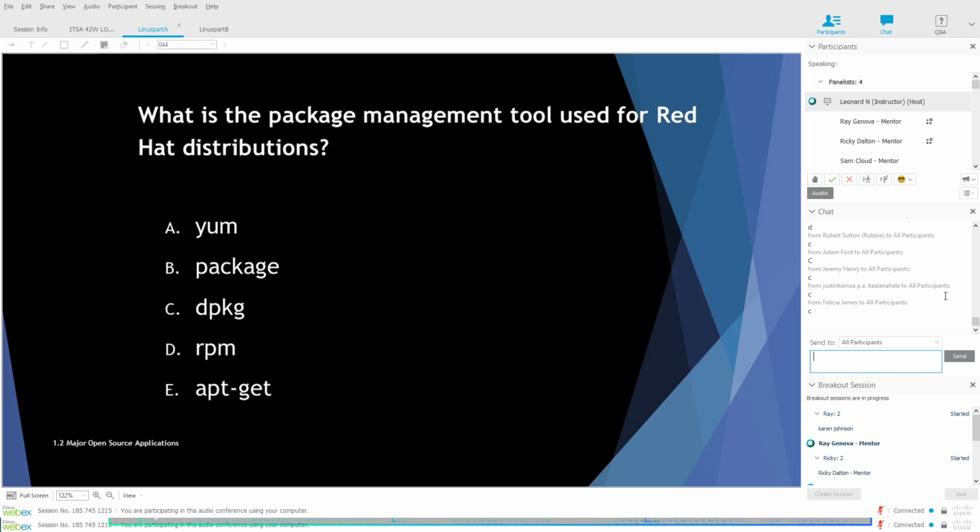So Red Hat distributions use Debian package management. .rpm, Red Hat package management.